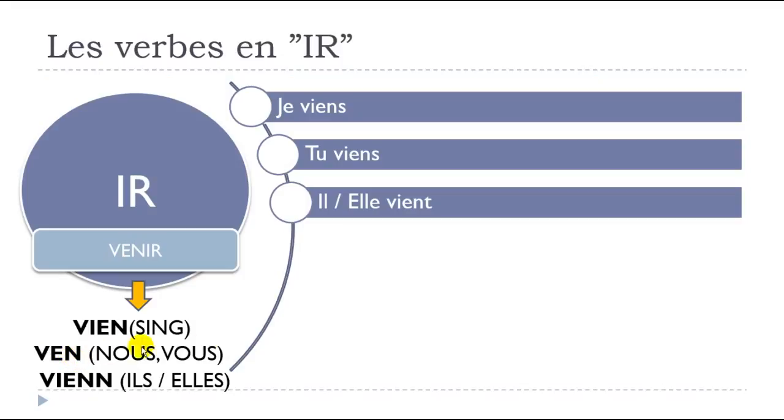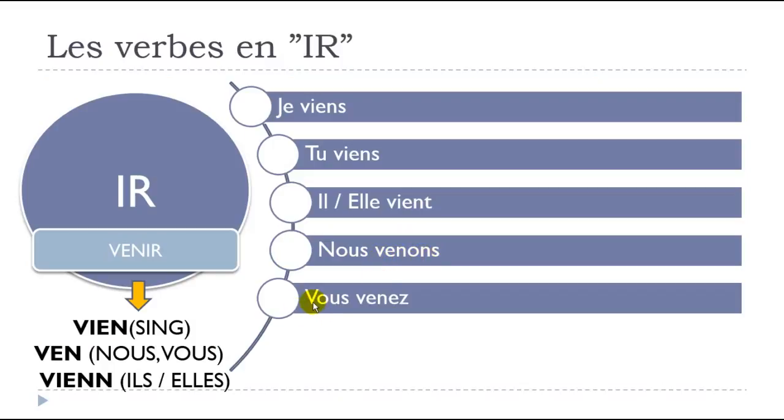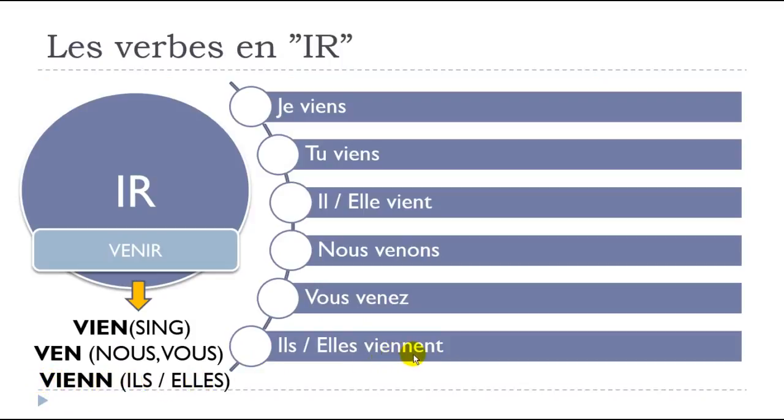So that's what we are going to do. Nous venons. You put back this VEN, and after that you will put your ending ONS. Nous venons, then you will get vous venez. And the last one, remember, for il, elle at the plural form, you will use this vienn here, and then you will add the ending ENT. Ils viennent, elles viennent.